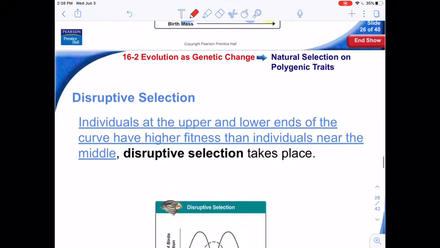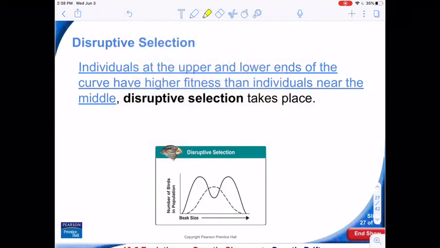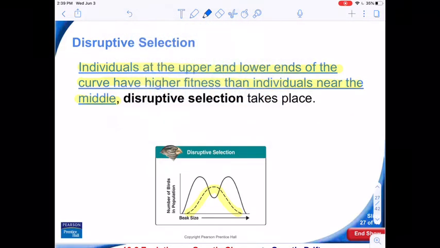And then lastly, the third type of selection in populations is called disruptive selection. So disruptive selection is when individuals at the upper and lower ends of the curve have higher fitness than the individuals near the middle. So it's the opposite of stabilizing selection. Where the original graph was this nice little normal curve, our new curve is showing a big disruption in the middle.